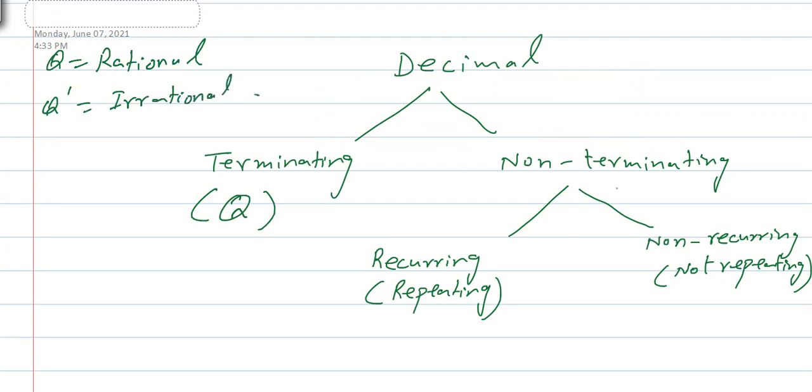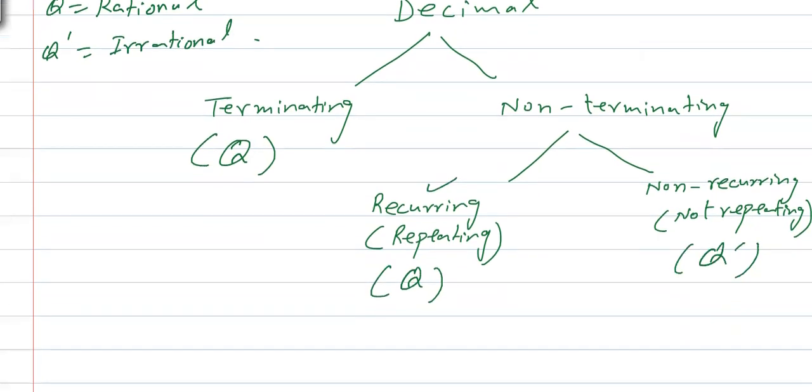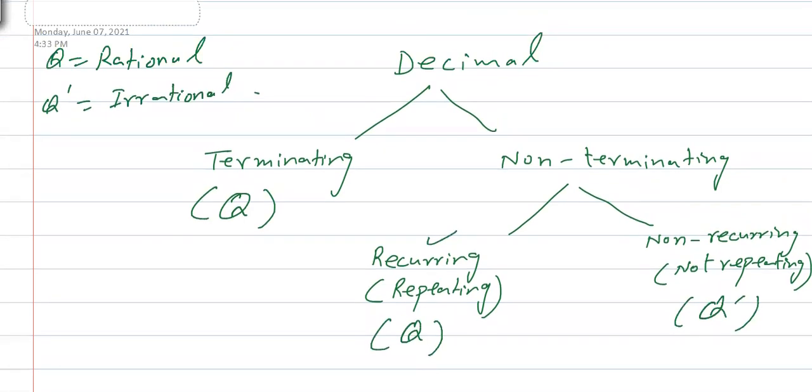Now, among non-terminating decimals, if it is recurring, meaning repeating, then it is rational. But if it is non-recurring, then it is irrational. Now you will easily be able to identify the difference between rational and irrational. If I give you any number, you can recognize whether it is rational or irrational.